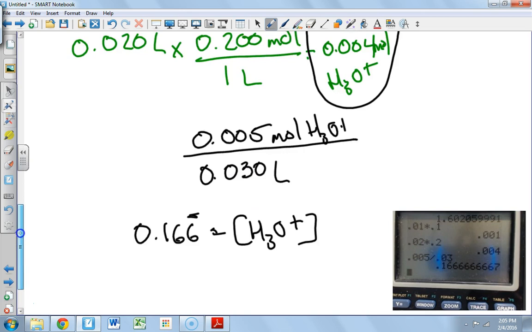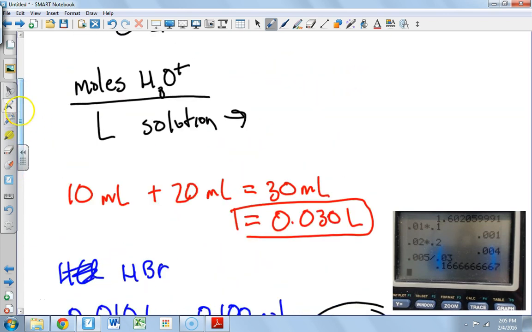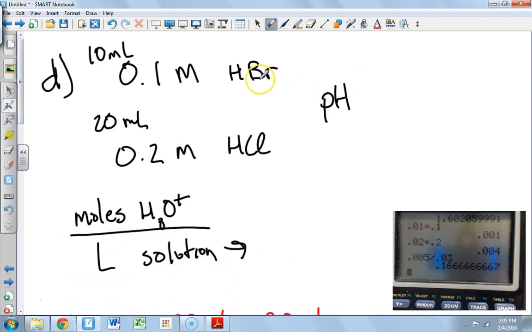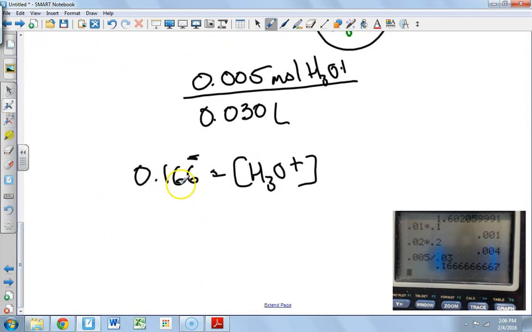Okay? That equals the concentration of H3O plus. Now that stands to reason, again, if we're going to do some logic, isn't the concentration going to fall between these two values? And this is 1/3 of the solution, and this is 2/3 of the solution. So it's almost like we're taking a weighted average. Okay, so it makes sense that the concentration is this.